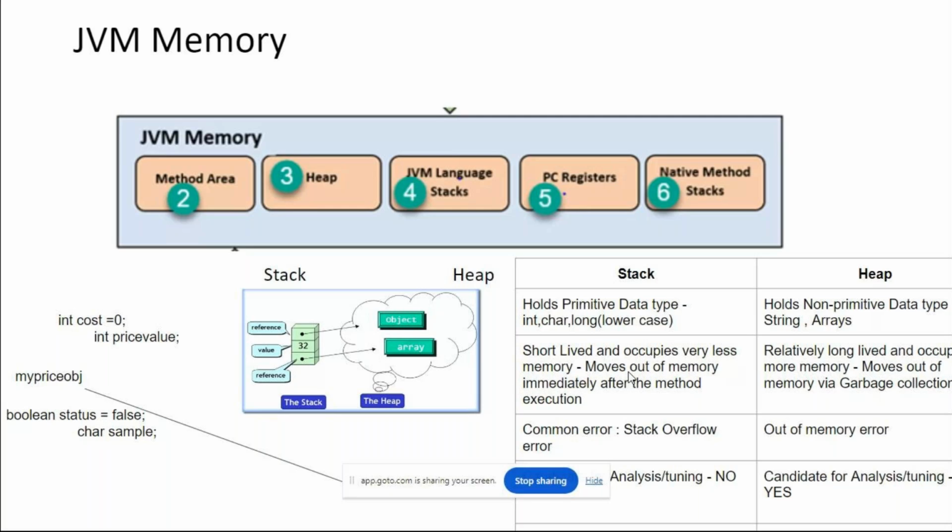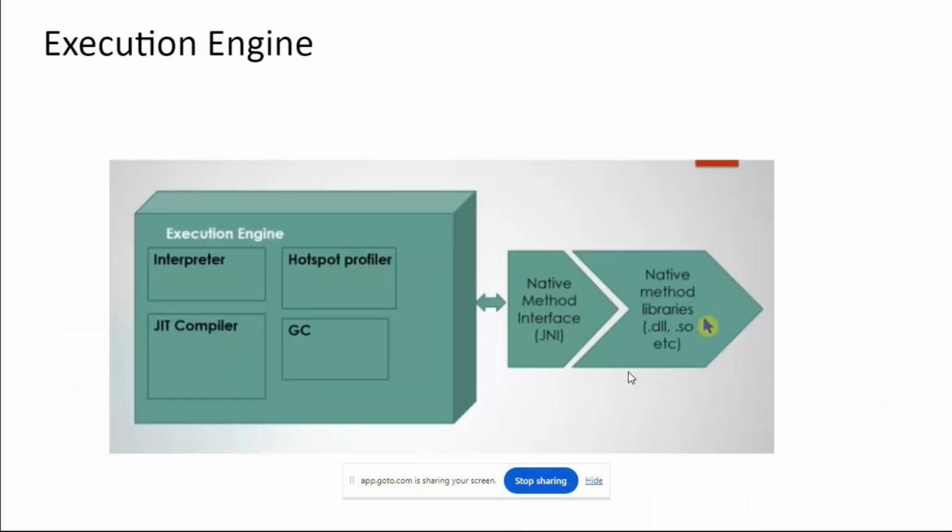But when you declare a string or an array, or when you initialize an object, those will not get deleted immediately, even when a method is completed. It will sit in the heap. So garbage collection is an algorithm, a software component which is going to take care of deleting these objects, arrays and strings.